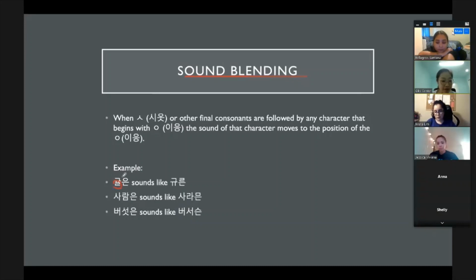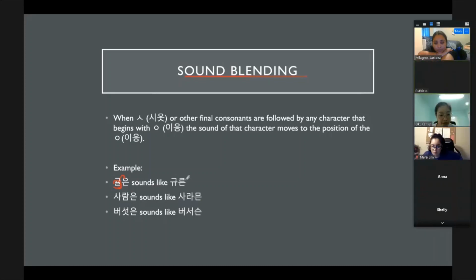Whenever you have a yung, it's silent if it's in the first character of the letter. But whenever you have a final consonant, it will transfer to here and replace it.